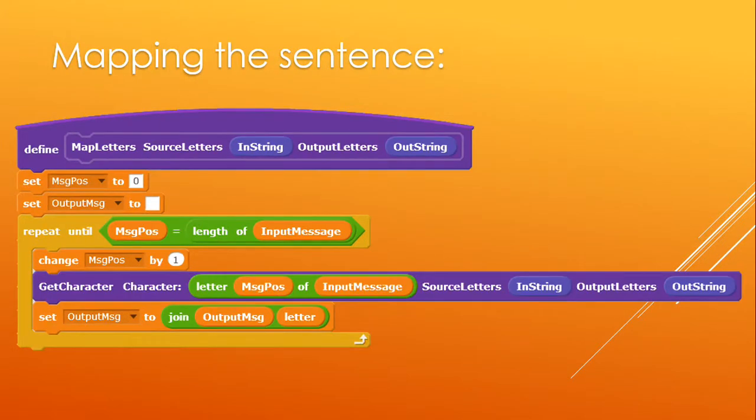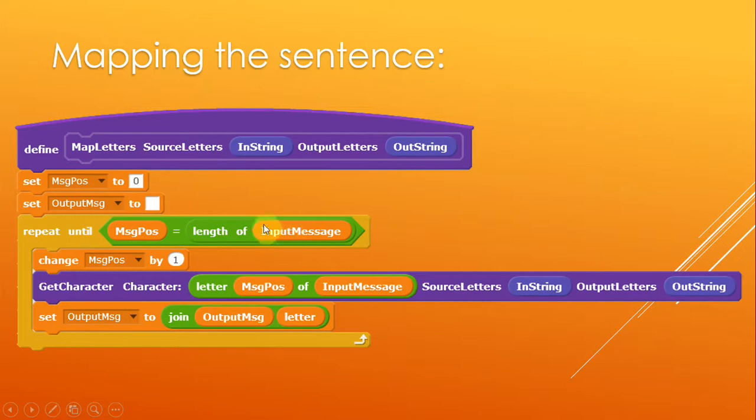This function, utilizing that get character function we just looked at, now does the whole sentence. So you can say, okay, passing in the source list of letters and the output list of letters, set my message position to 0, set the output message to blank, and repeat until the last character of the sentence, my name is Bob, is reached.